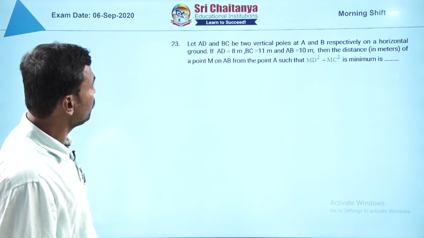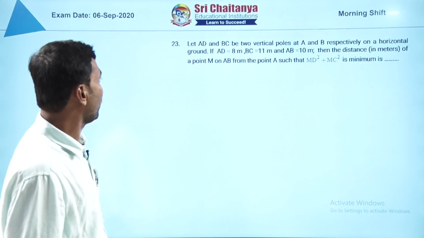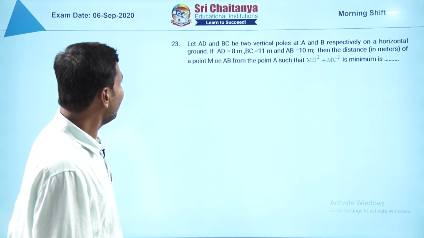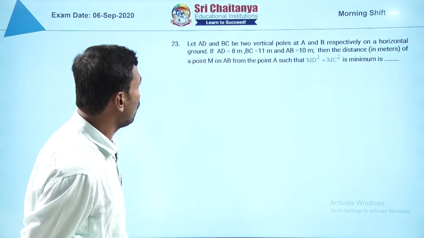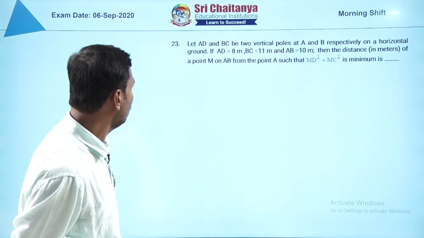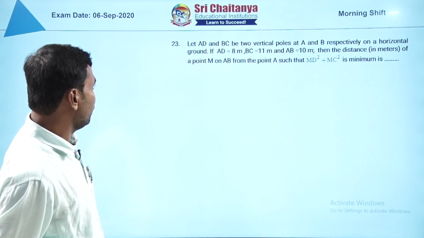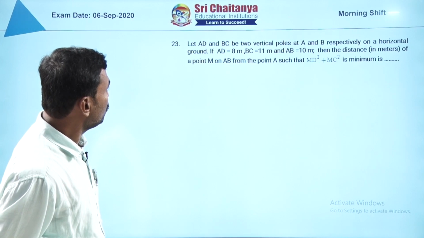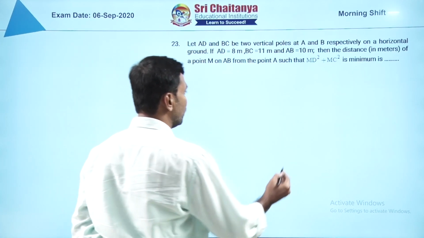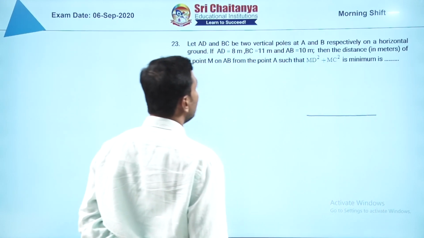Okay. This problem, MD square plus MC square is minimum, means from maxima minima. This problem is from maxima minima. Let AD and BC be two vertical poles at A and B respectively on a horizontal ground. Okay, I am drawing the diagram simultaneously. Let me take this be the horizontal ground.